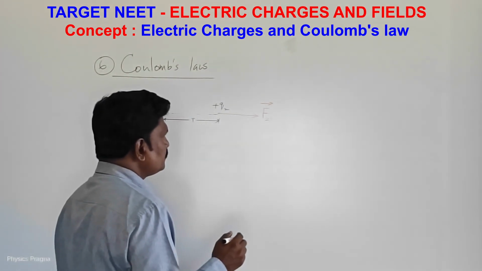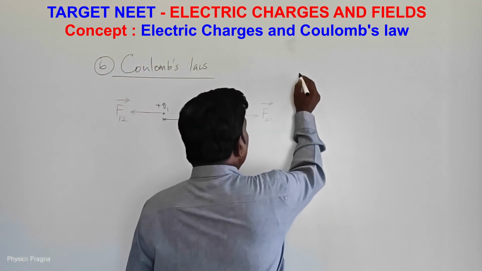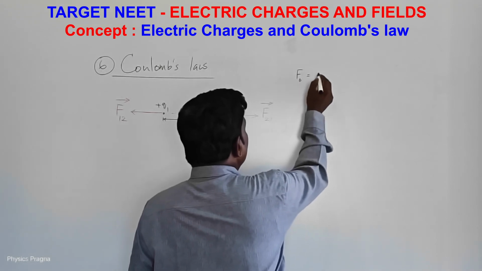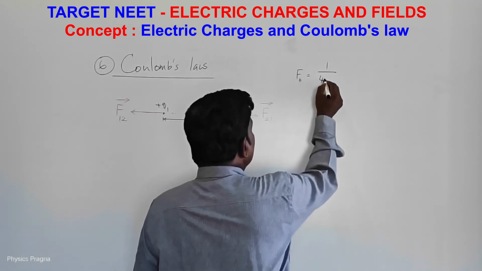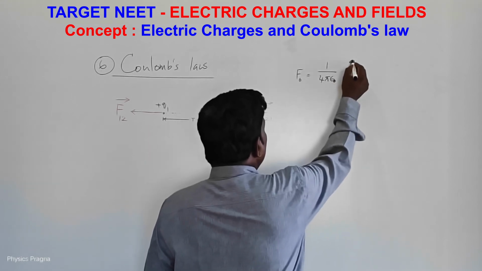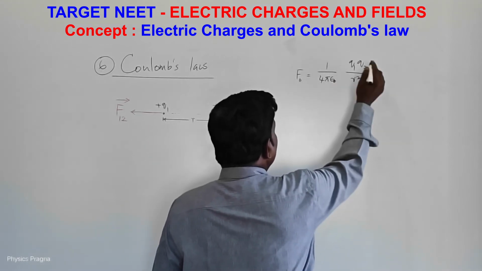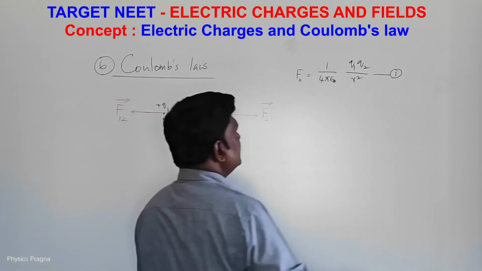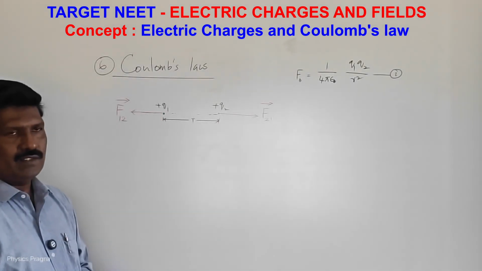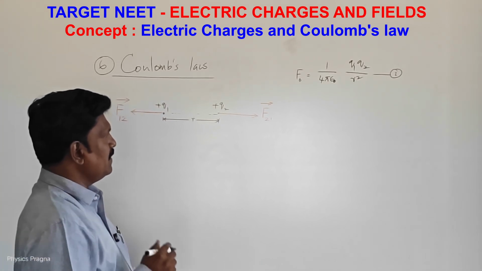Now, once again, for the permittivity of free space, F naught is equal to 1 by 4 pi epsilon naught, Q1 Q2 by R square. Let us call this equation 1. When vacuum or air is there, that is the formula.